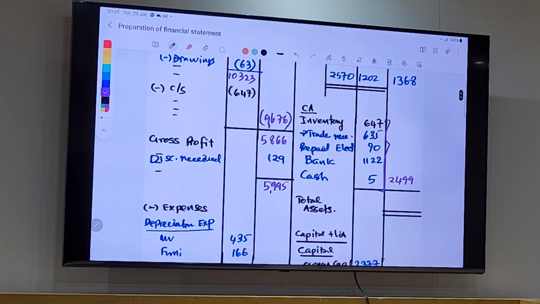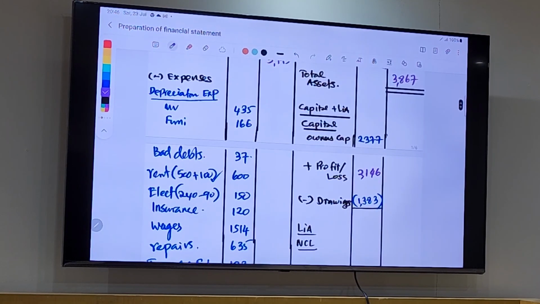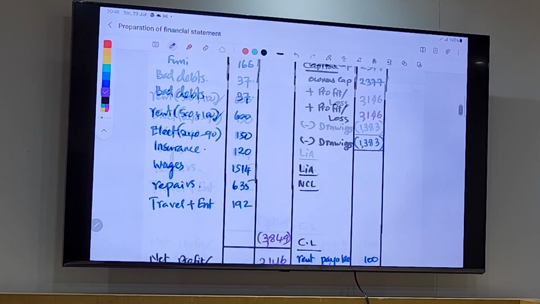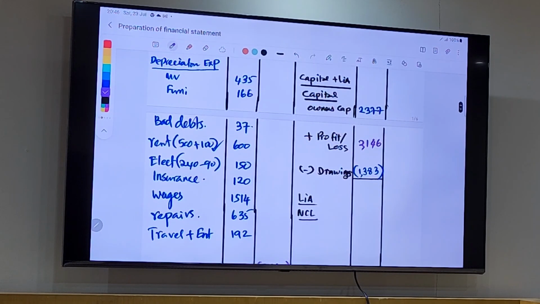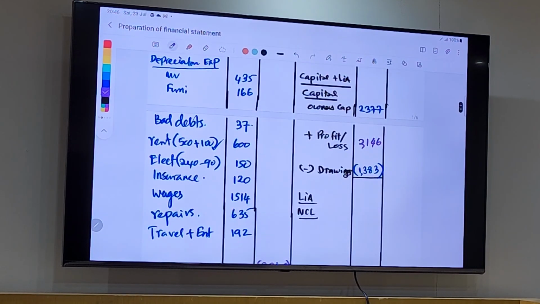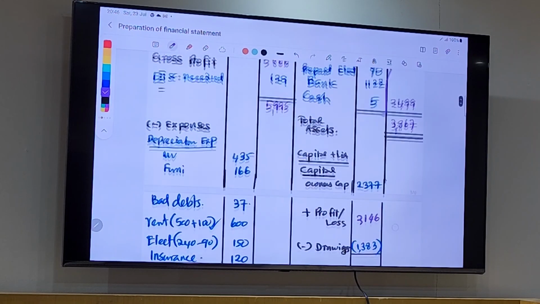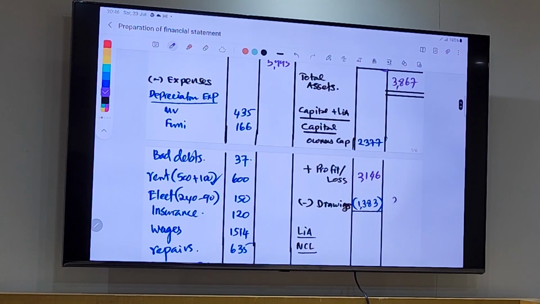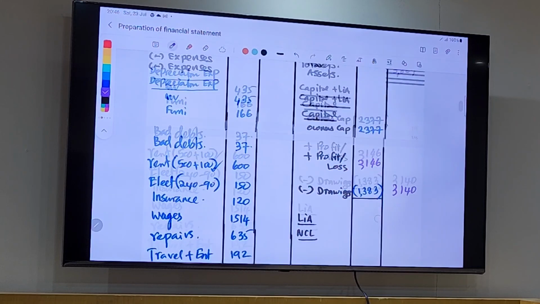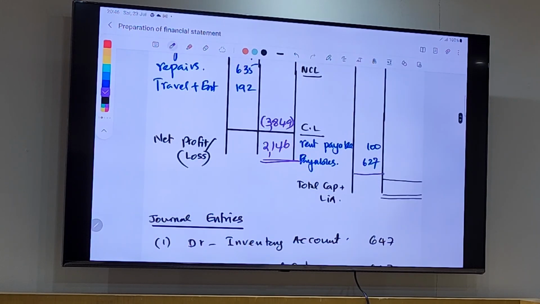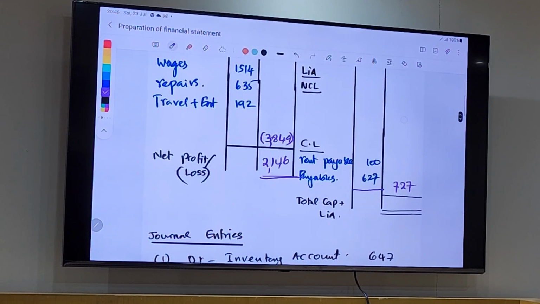Can you please take the total of 1368 plus 2499? 8,867. Now take the total of these three items. 2377 plus 2146, right? Minus 1383. 3140. And then 727. Take the total of these two. 3867.